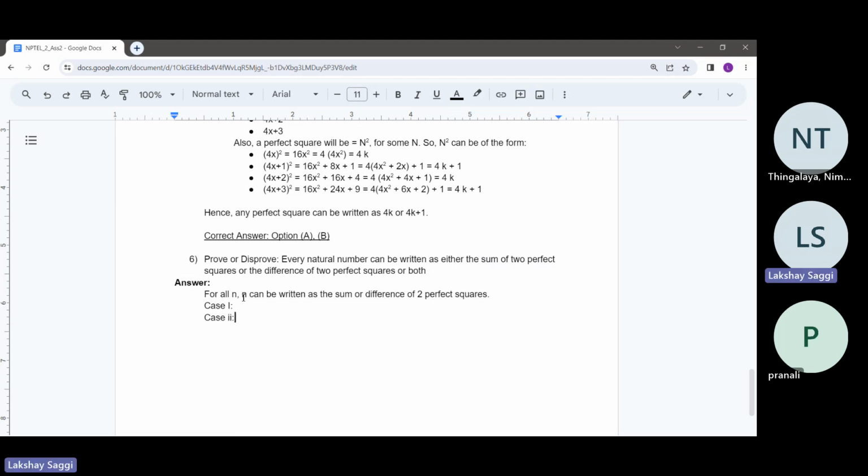So case one is that let's consider n is odd, right? So if n is odd, then my claim is n can always be written as a difference of two perfect squares.